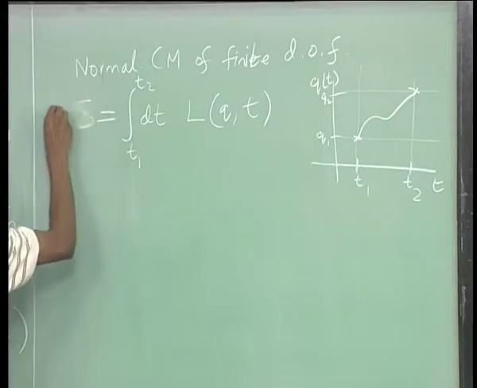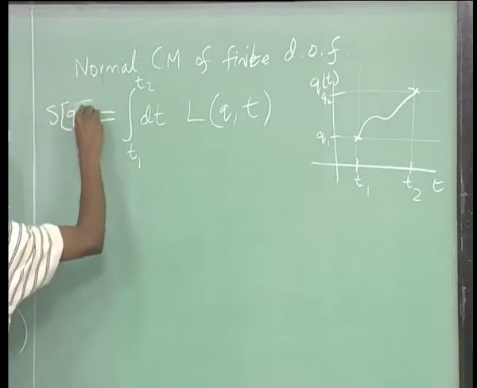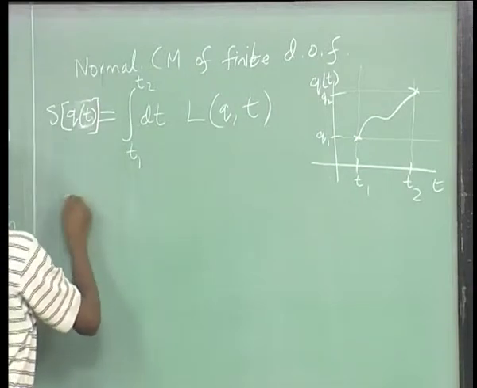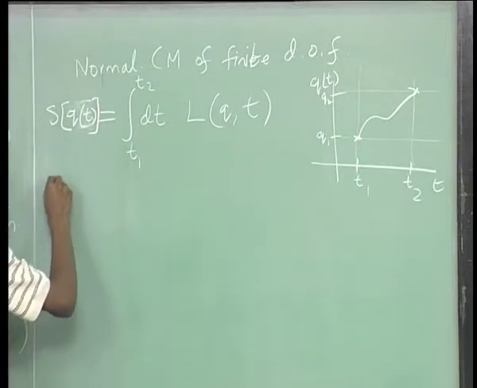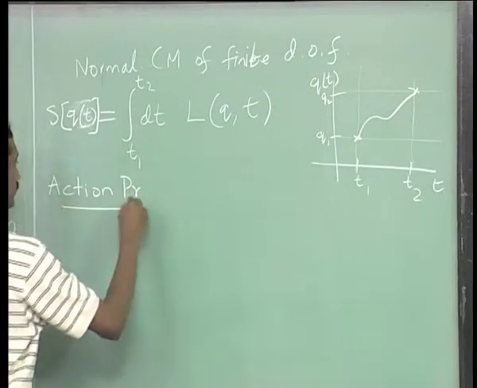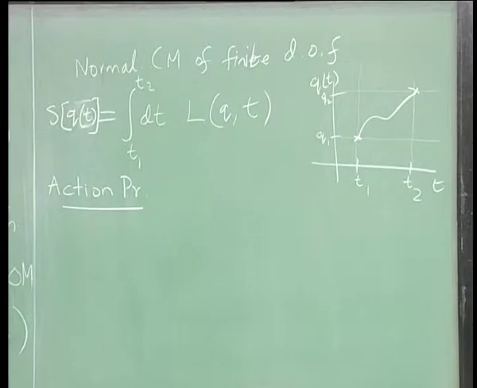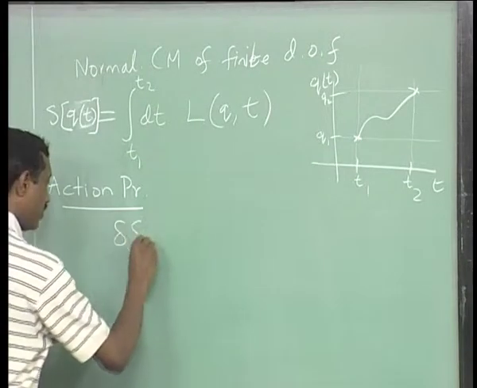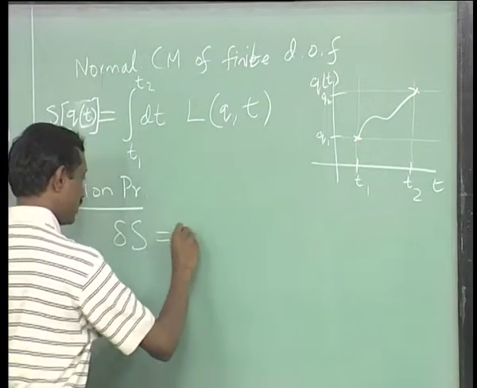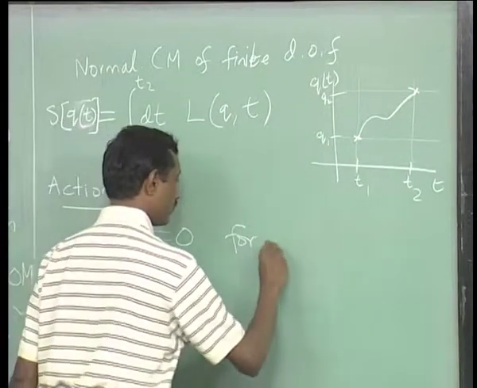So, you write this as S of q of t. Now the action principle tells you that if you take two different trajectories, you have to extremize this action. So, it is like taking the first derivative of this thing, so delta S equal to 0 for an extremum.